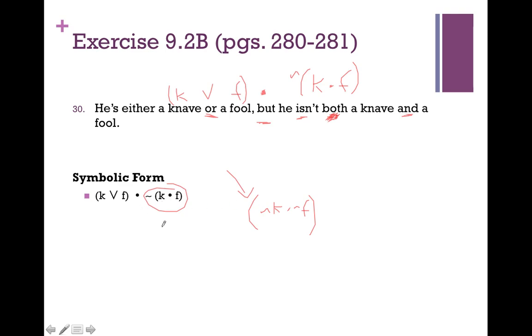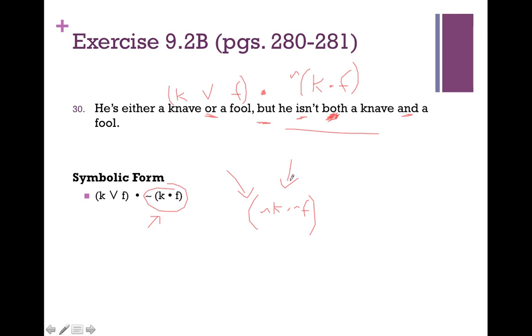What you're saying, he's not both, right? A knave and a fool. And what is said up here leaves open that he could be one or he could be the other, right? That's what this is saying. It's saying, this could be true if he's a knave and he's not a fool, or he's a fool and he's not a knave. The only time this is true is if he's not a knave and a fool.